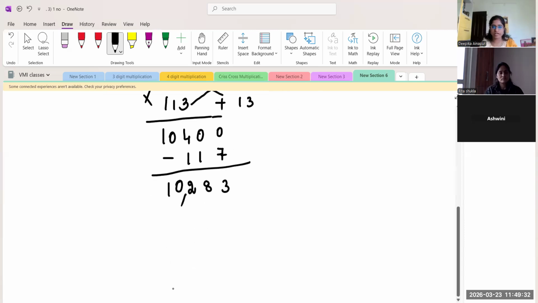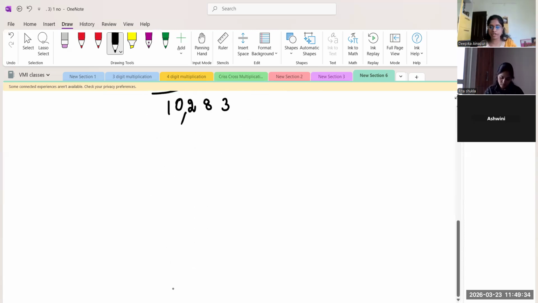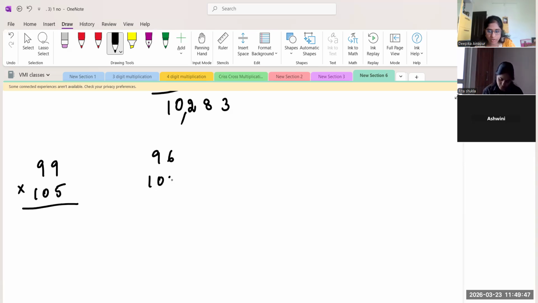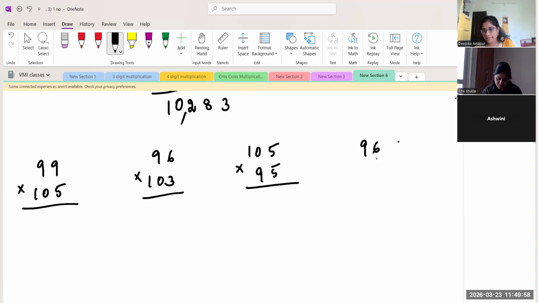One more, just try to solve this. If you're getting or not getting, just check it. I'll give you some examples. 99 into 105 and 96 into 103. 105 into 95 and 96 into 104.